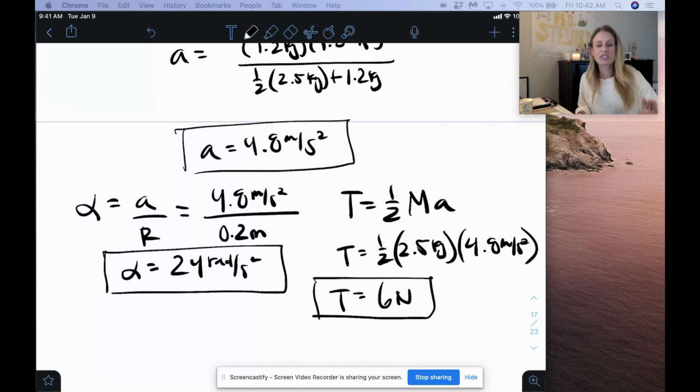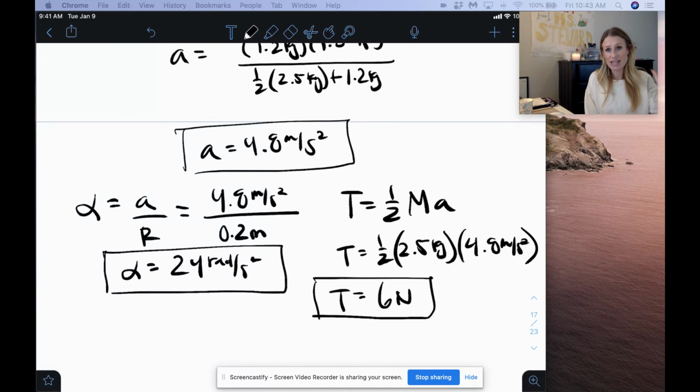All right, so whenever you have a problem like this, you're going to draw a free body diagram for the pulley, which I did. And remember, it's the tension that's the force causing the torque on the pulley. And then you have two different equations for torque, so you set them equal to each other. We set our r F sine theta equal to rotational inertia times alpha, which is angular acceleration.